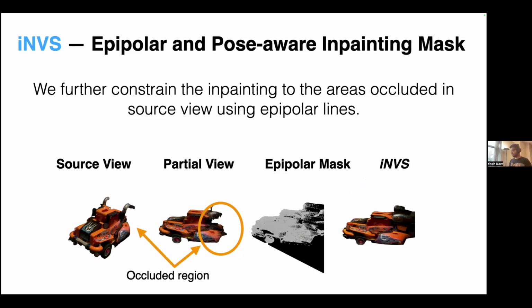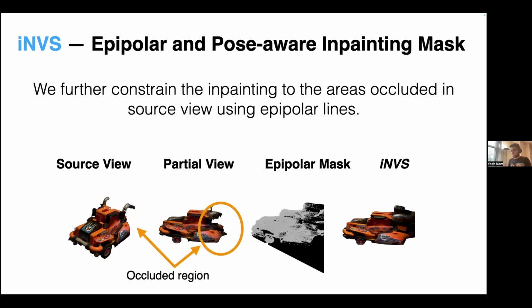So we do this by also adding some more tricks, not just by learning it on the entire data set, but by being a little more clever about how we go about this. The first thing is that we are given a source view, right? And we want to generate something that looks like a second view of this object. But we do not want to inpaint every single pixel, we only want to inpaint things that are occluded in the first view.